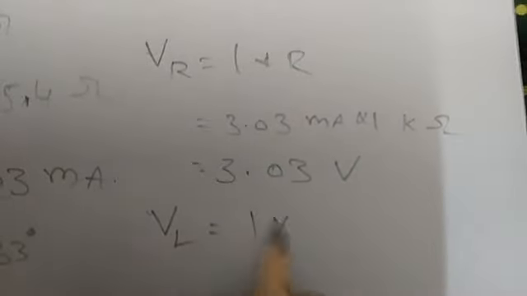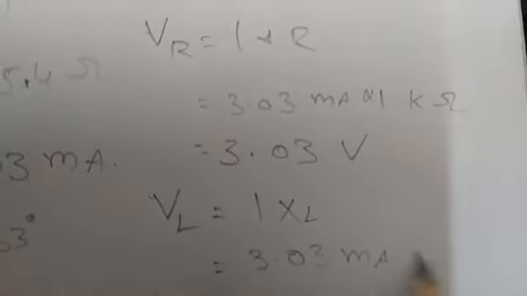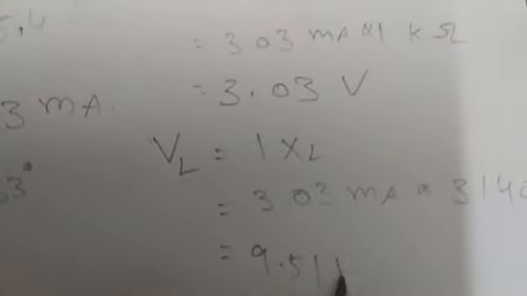In a similar fashion, the voltage drop across the inductor is I into XL. I is again 3.03 milliamperes and XL is around 3140. I will get it as 9.51 volts.